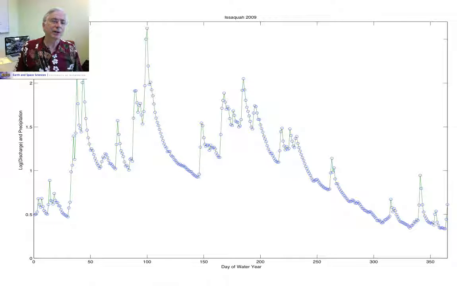Here we have the semi-log plot, with log discharge on the vertical scale, so 1 would represent 10 cubic feet per second, 0 would represent 1 cubic foot per second, 2 is 100 cubic feet per second, again as a function of water year. On this plot the spikes are a bit compressed, and you can see the background base flow between the spikes.